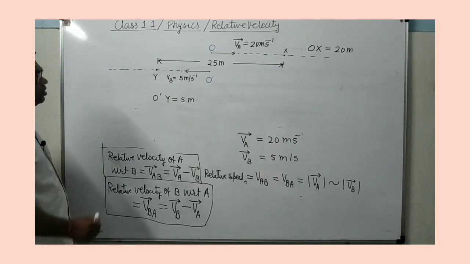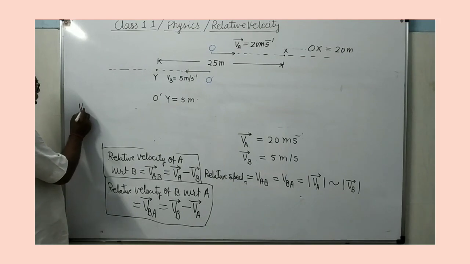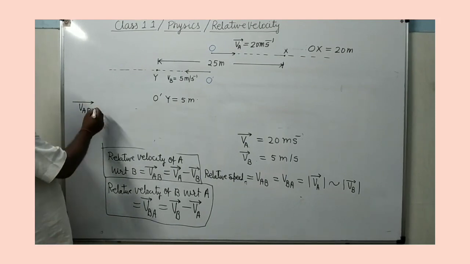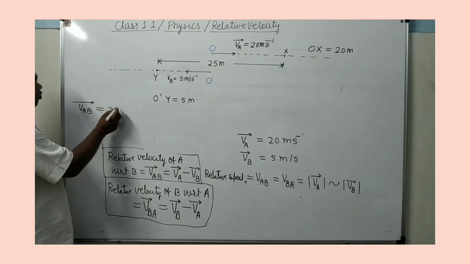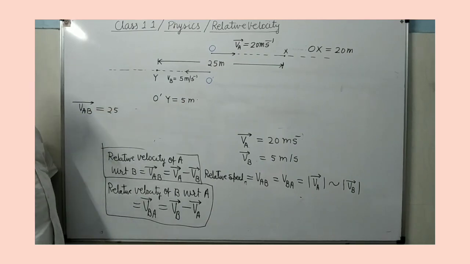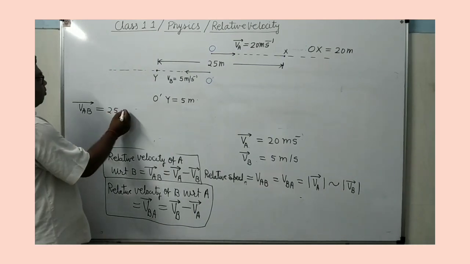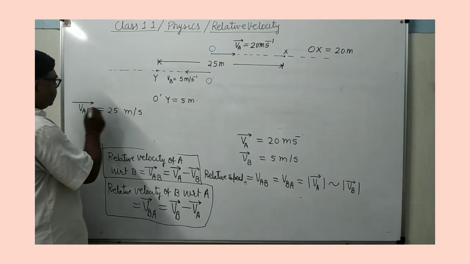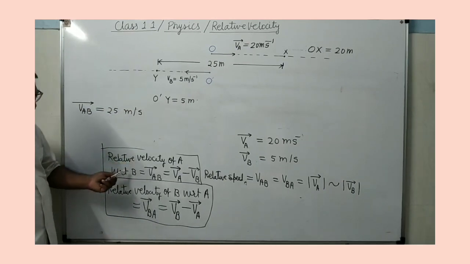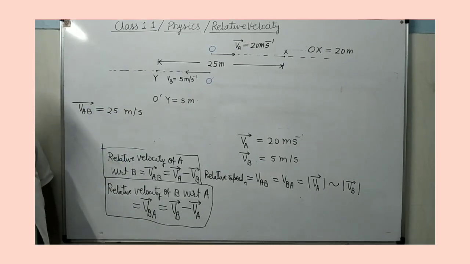So what is the relative velocity of A with respect to B? It is the relative change of displacement per unit time, 25 meter per second. VAB means relative velocity of A with respect to B.